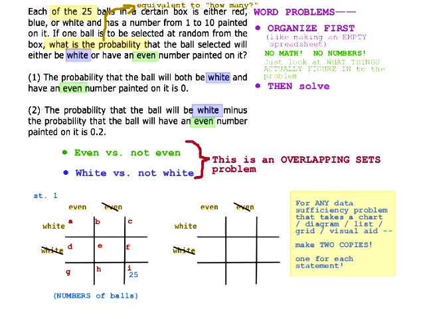Not C and G. Because if you got anything that is white and also even, then that's going to be weird. It might be C plus G minus A. Yeah, maybe. I think that could be. It is actually, yeah, it is C plus G minus A.